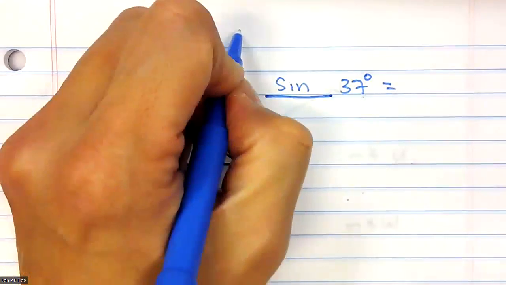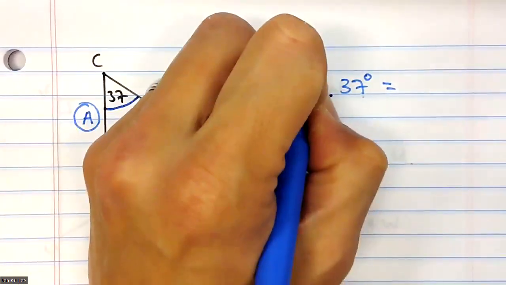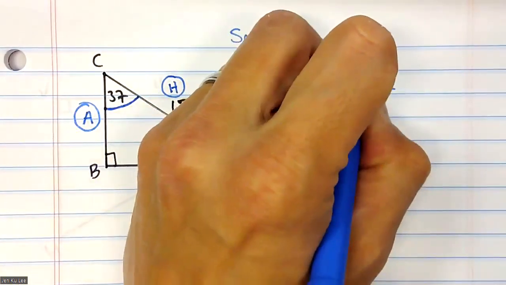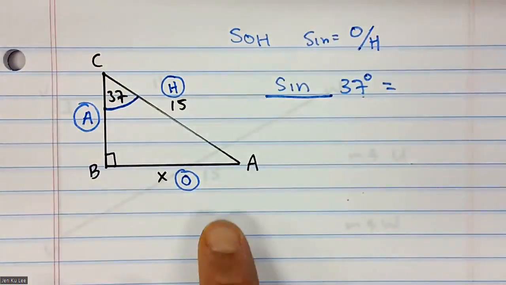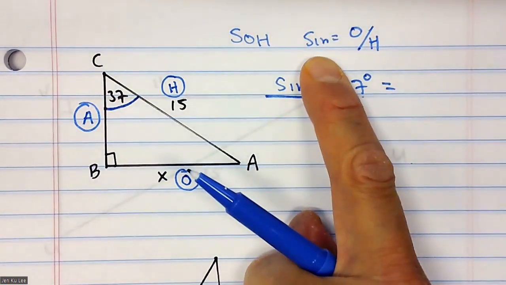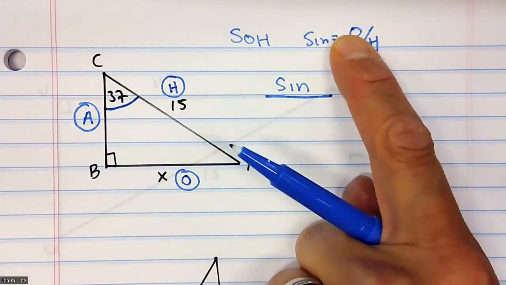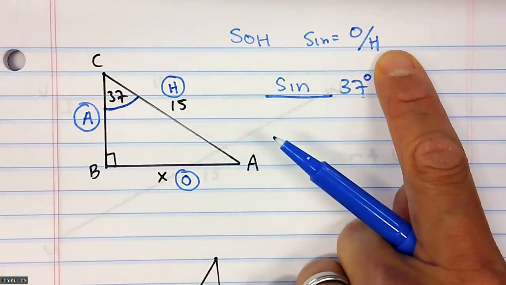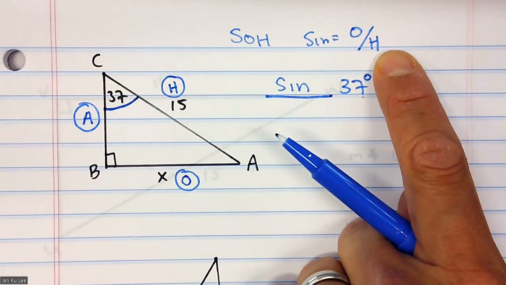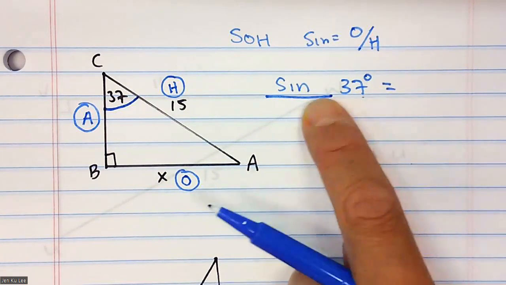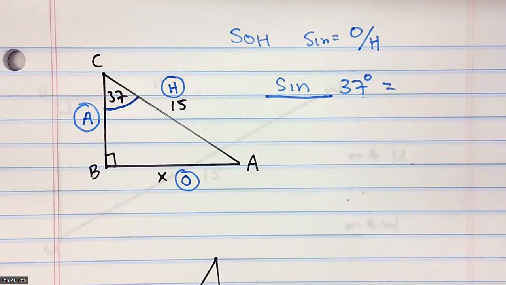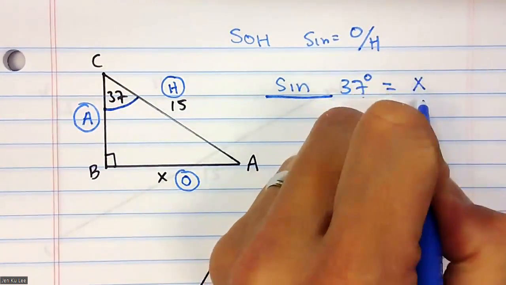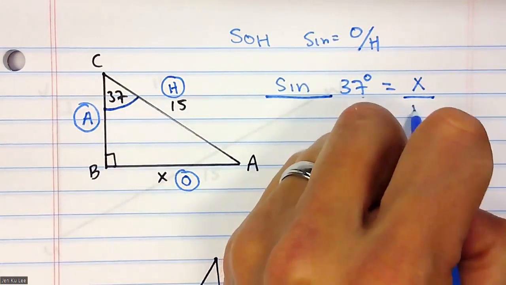Because sine equals opposite over hypotenuse, I know I have to use sine, because I have to figure out what my opposite side is, and I have my hypotenuse. So sine of 37 degrees equals x, opposite, over hypotenuse, which is 15.